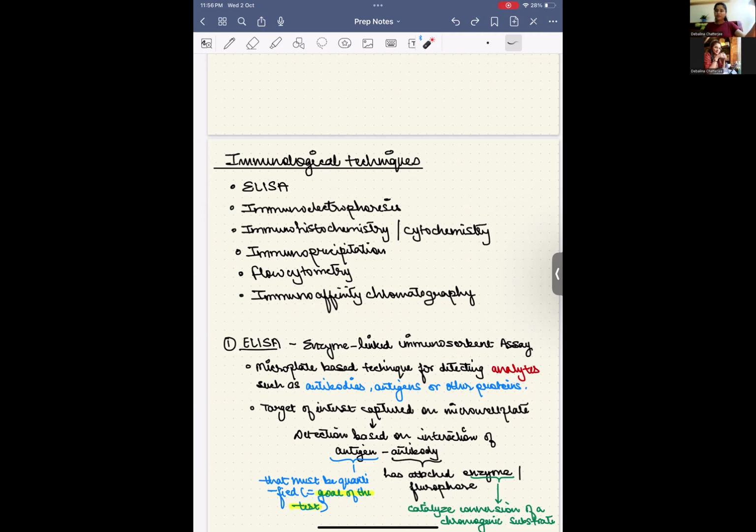Either it allows binding of the protein of interest because the matrix has the antibody which can trap my protein of interest, or the matrix can be such that it allows my protein of interest to come into the eluate or the flow through, from where I can again use some sort of antibodies and precipitate out my protein of interest. Right, so these are some basic immunological techniques.